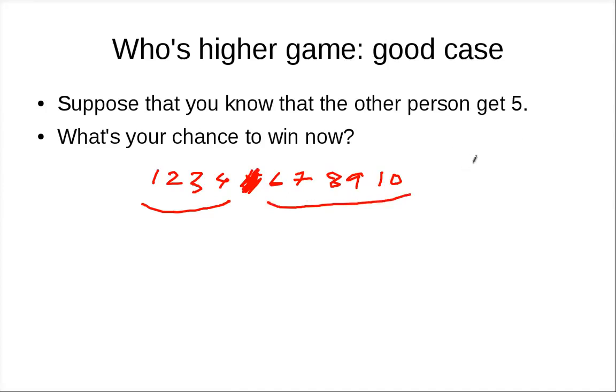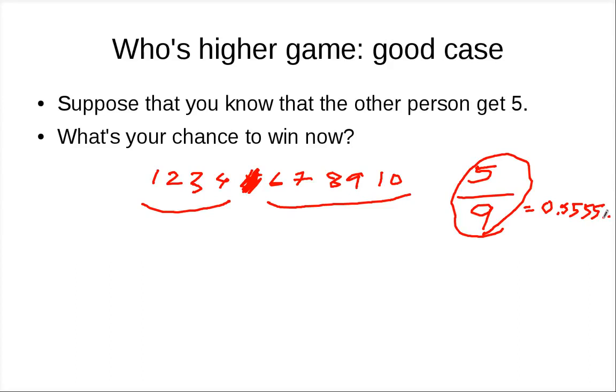So the probability that you win is 5 out of 9 possible choices, which is a little bit higher than 1/2, right? It's like 0.5555, and so on. Okay, that's a good case.